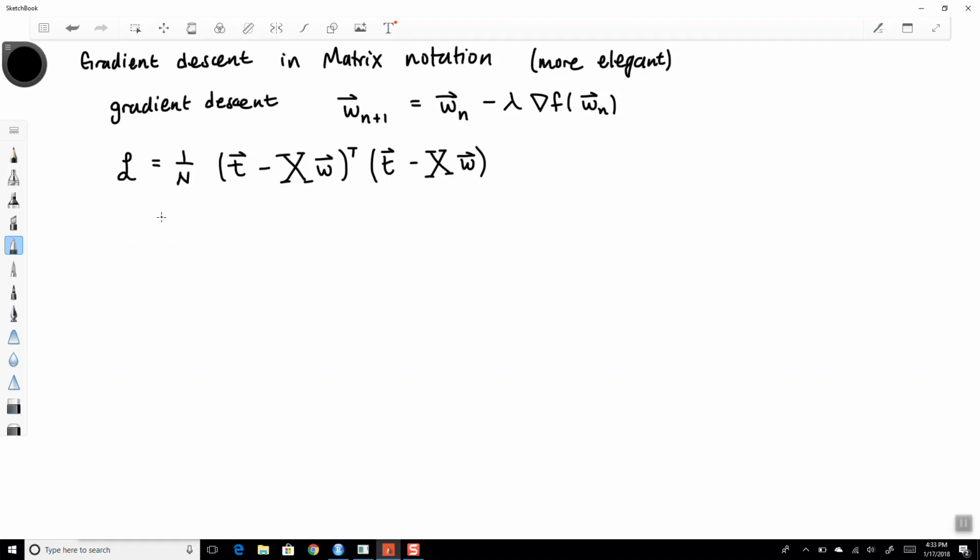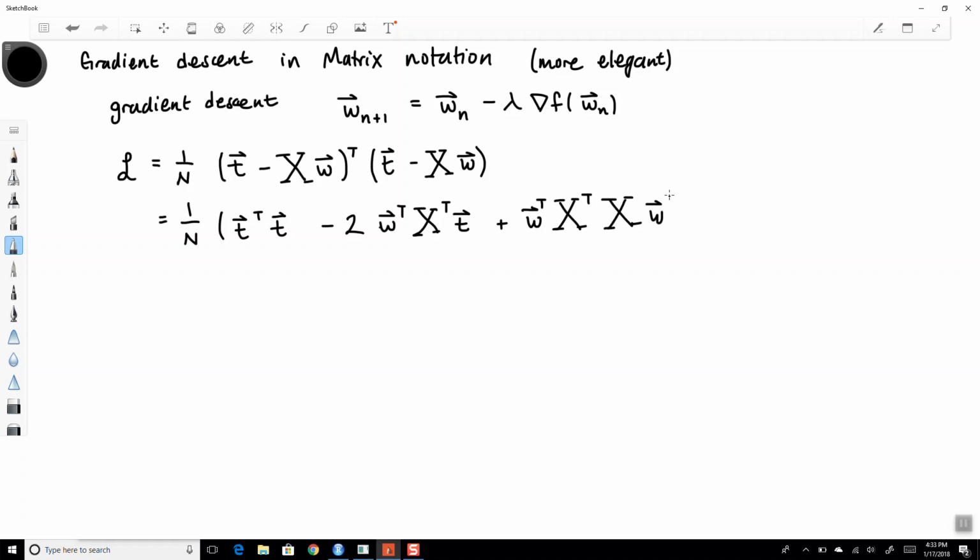Then if we expand this out, we've got T transpose T minus 2 W transpose X transpose T plus W transpose X transpose X W. So this is our loss function in matrix notation.